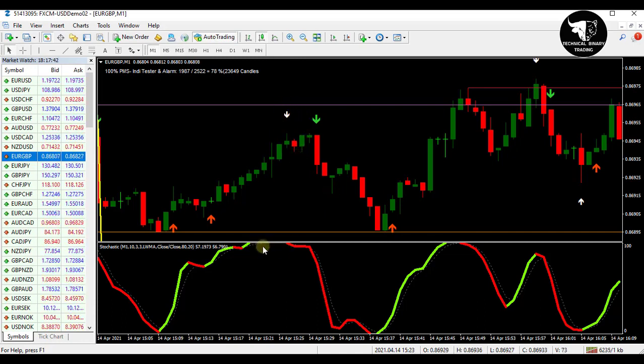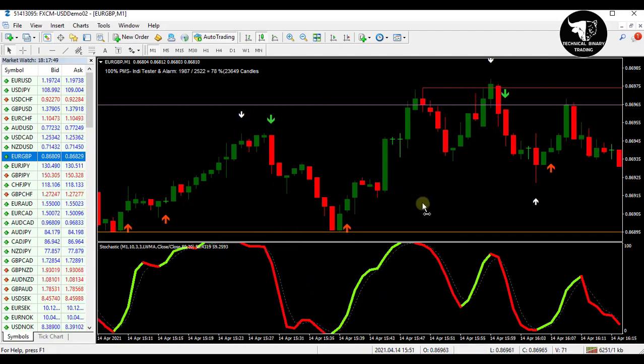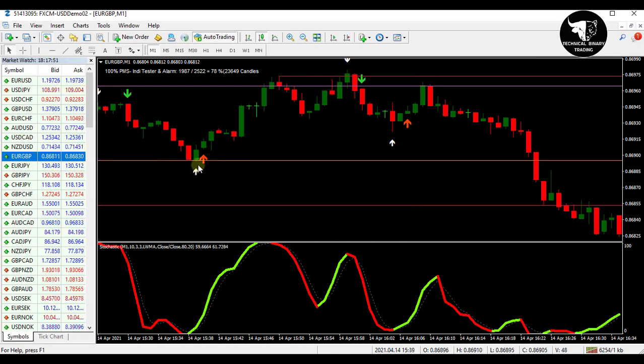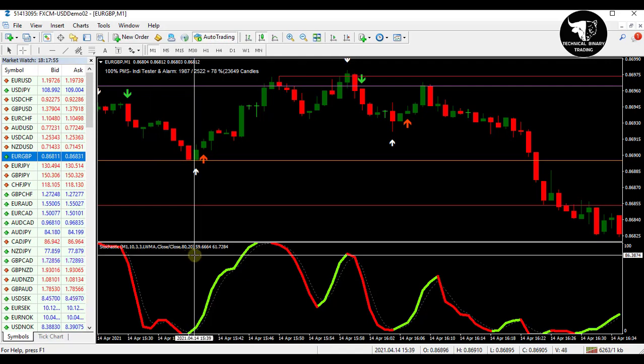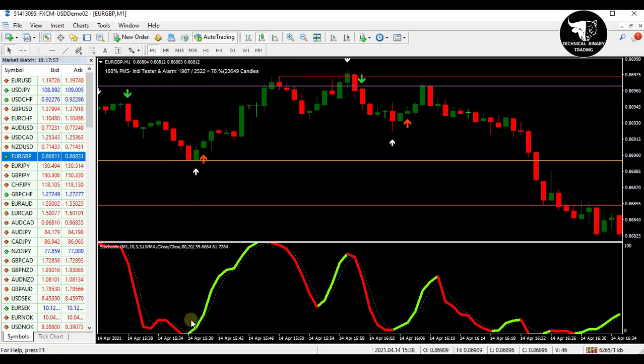Let's look at some of the arrows that are a clear indication of a down trade, and here is an indication for an up trade. Let's look at some more arrows, and here the indication is for an up trade.